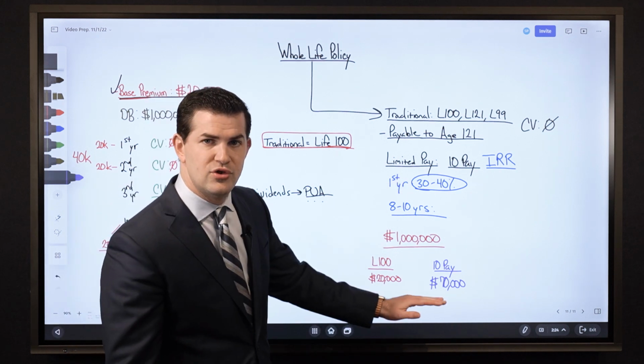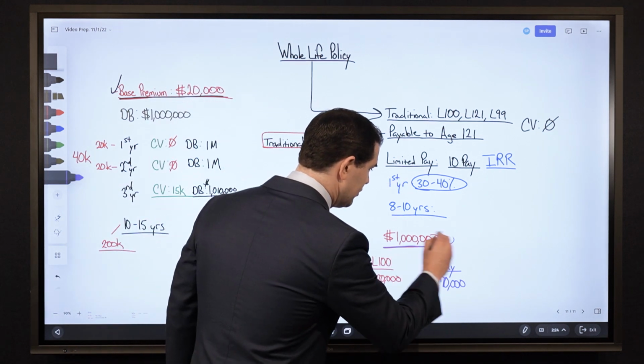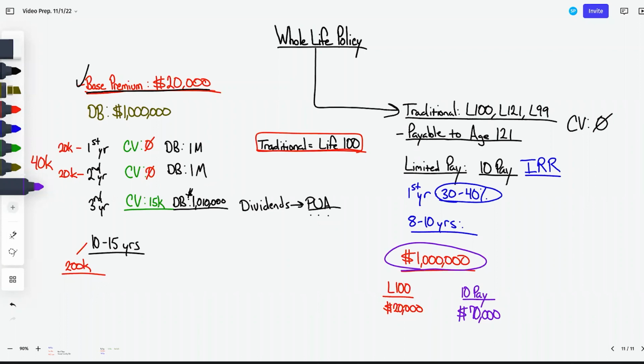And this assumes you're just shopping for life insurance here. Why I say that is because when we design a policy for maximum cash value, if your goal is truly maximum cash value, not death benefit, what we can do is take a policy, regardless if you've got a whole life 100 or a 10-pay policy. Let's assume you're paying in, let's say it's 20 grand per year. Say that's your cash flow going in.